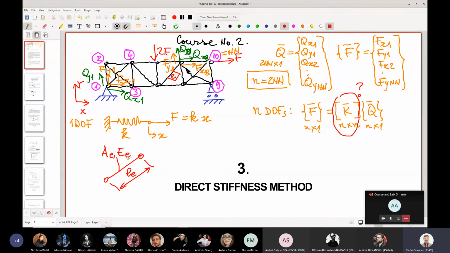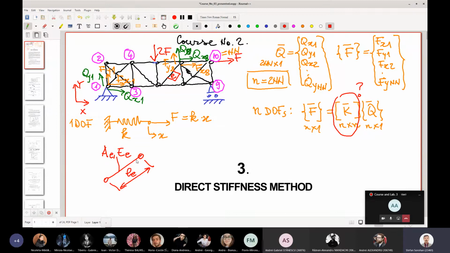Sometimes this index E you will see in the upper part, but it's just a notation. Don't imagine that this E is an exponent as in 2.71 and so on. It's just a typical element.